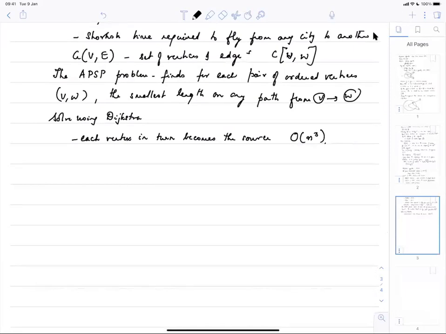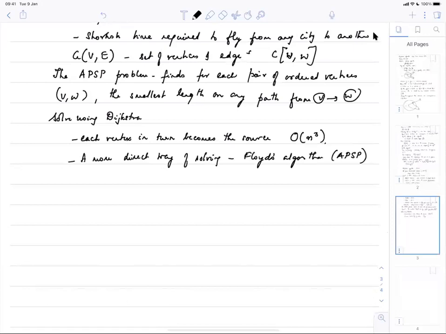But there is another nice way, although it is also as complex, a more direct way of solving it, using what's called Floyd's algorithm, which is the APSP algorithm. And the idea is very nice.